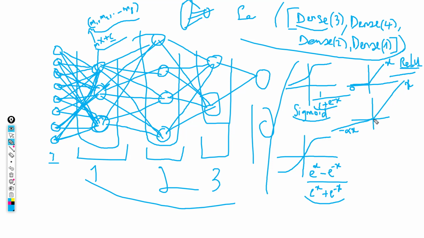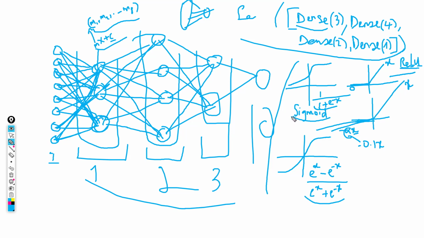When x is less than 0, the output is negative alpha times x. Hence the term leaky, as this alpha is generally a very small number. So if we have 0.1, we could have negative 0.1x, which is giving us very small outputs, which are close to 0.